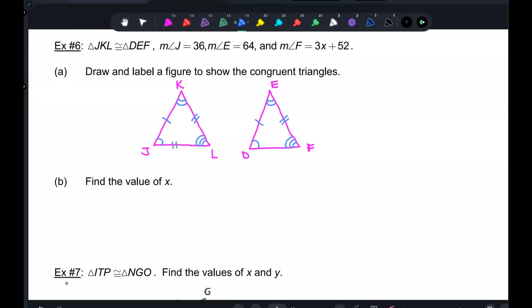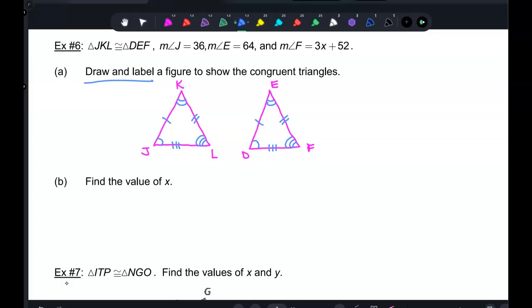Okay, I didn't solve yet. Right now I'm still just drawing and labeling. Listen, if I want to show two congruent triangles, I need to show all three pairs of angles and all three pairs of sides, so that I can see the two corresponding parts of both triangles, right?